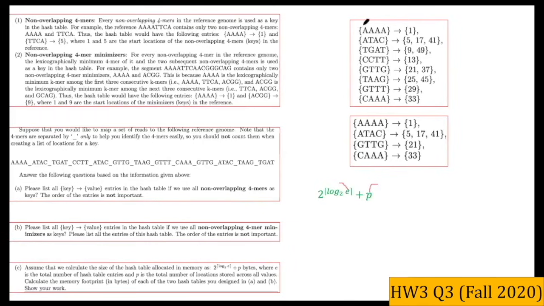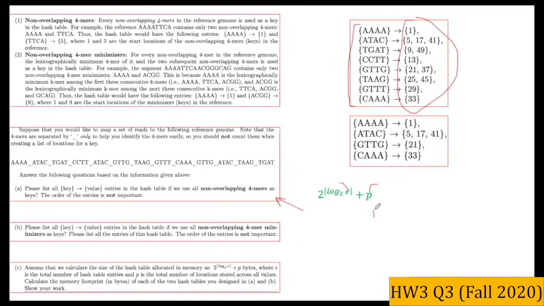For example, the first hash table here, how many entries, which are the number of rows. So how many of them we have? We have 1, 2, 3, 4, 5, 6, 7, 8. So for A, to calculate the memory footprint for the first method, we need to substitute E with 8 and P with the number of locations stored in the second column here. How many locations do we have? So 1, 2, 3, 4, 5, 6, 7, 8, 9, 10, 11, 12, 13.